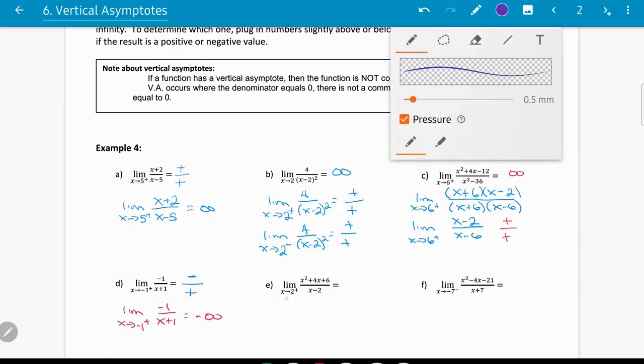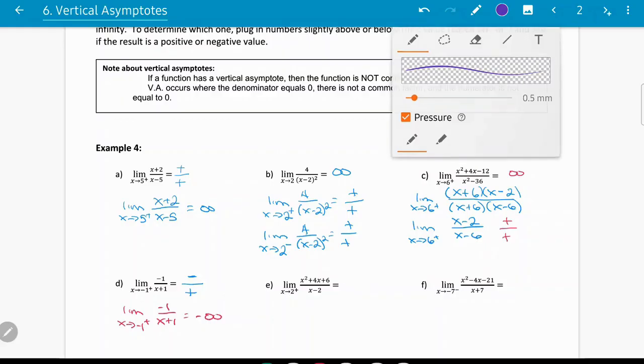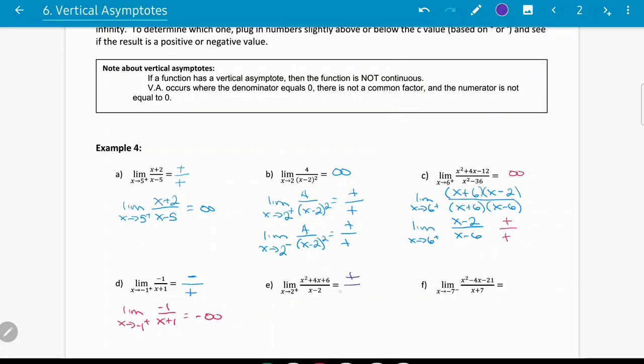So if we are plugging in values of x greater than 2, I can see that this is going to be a positive number. This is also going to be a positive number. And so the limit as x approaches 2 from the right of x squared plus 4x plus 6 over x minus 2 is positive infinity.